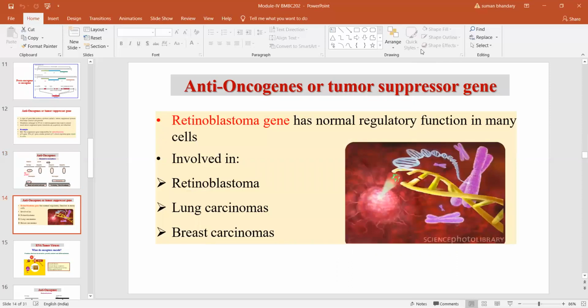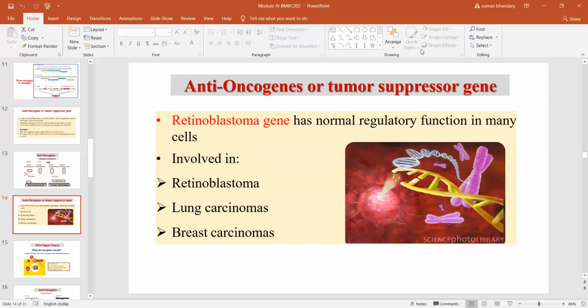So the anti-oncogenes or the proto-oncogenes are actually regulating some functions. We can find this anti-oncogene or tumor suppressor gene in us, and this retinoblastoma gene is actually an anti-oncogene, and this particular gene will regulate the functions in the normal cell.